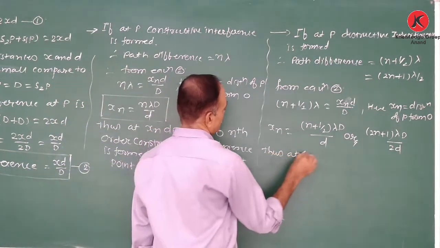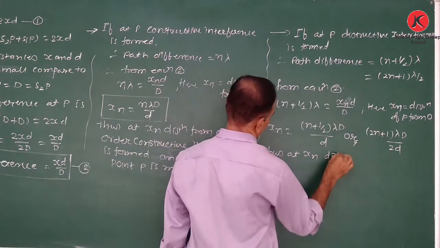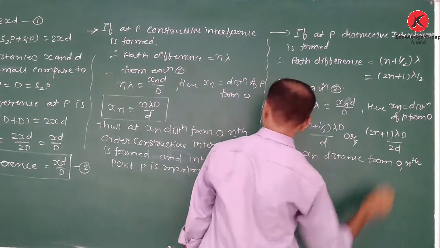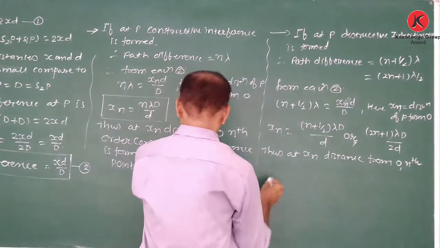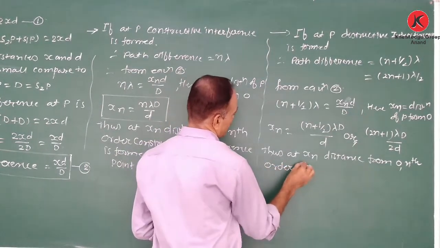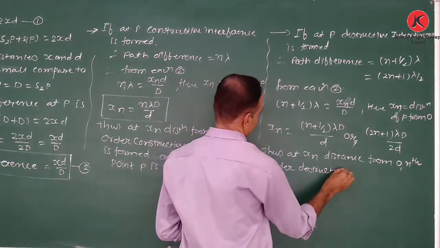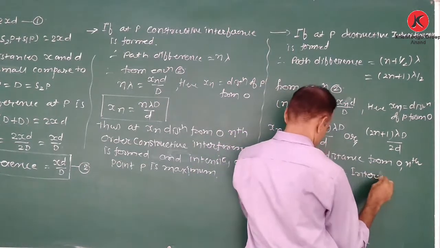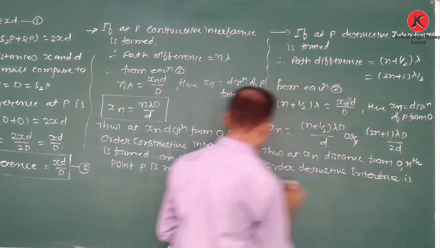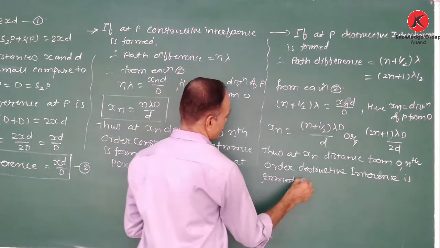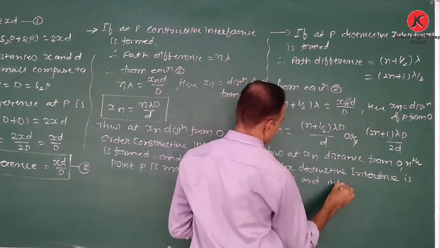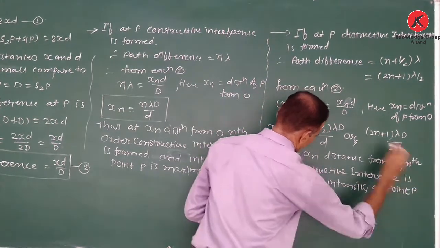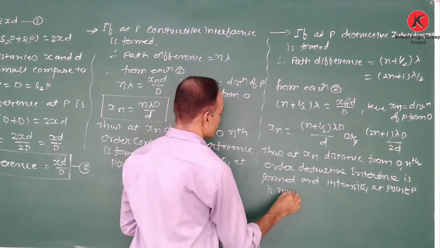Thus, at xn distance from O, nth order destructive interference is formed and the intensity at point P is minimum or zero.